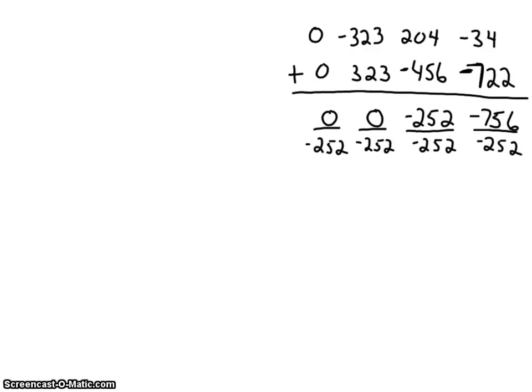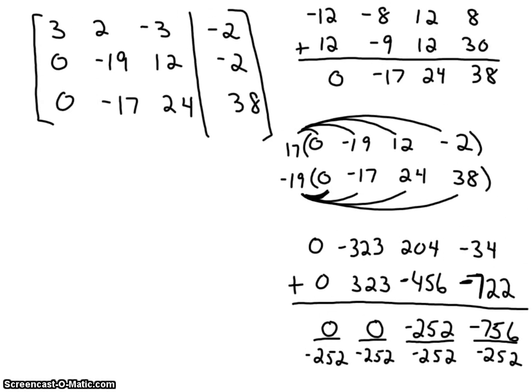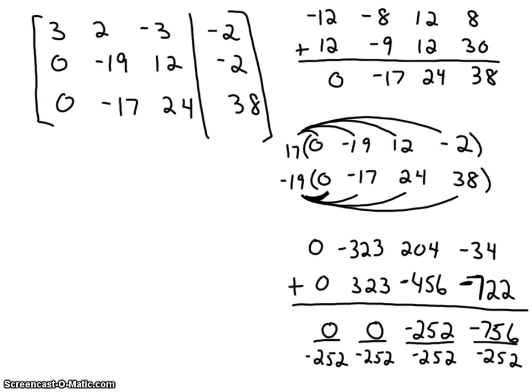Okay, this results in 0, 0, 1, and negative 756 divided by negative 252 is 3. All right, that's what we're going to replace row 3 with. So here's where we were, in the upper left-hand corner of your screen. Rows 1 and 2 will stay the same. Row 3 is going to get replaced with what we just found.